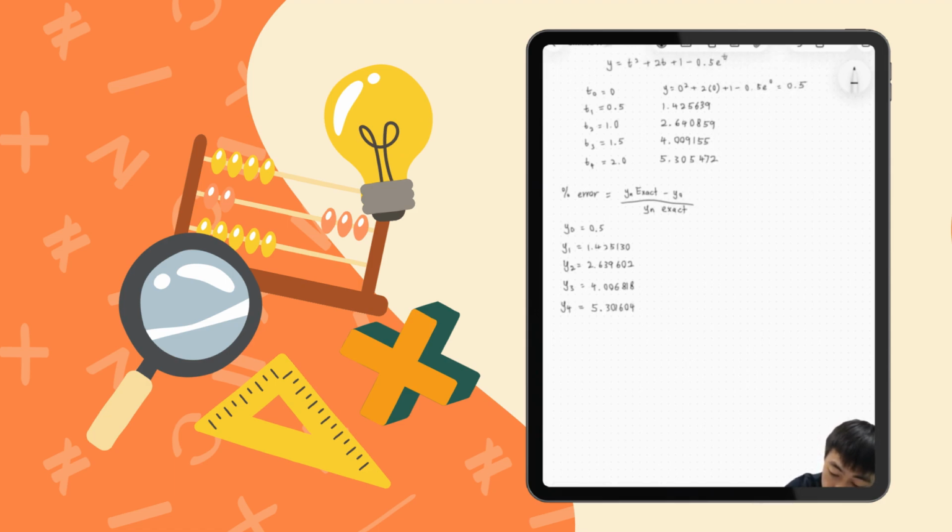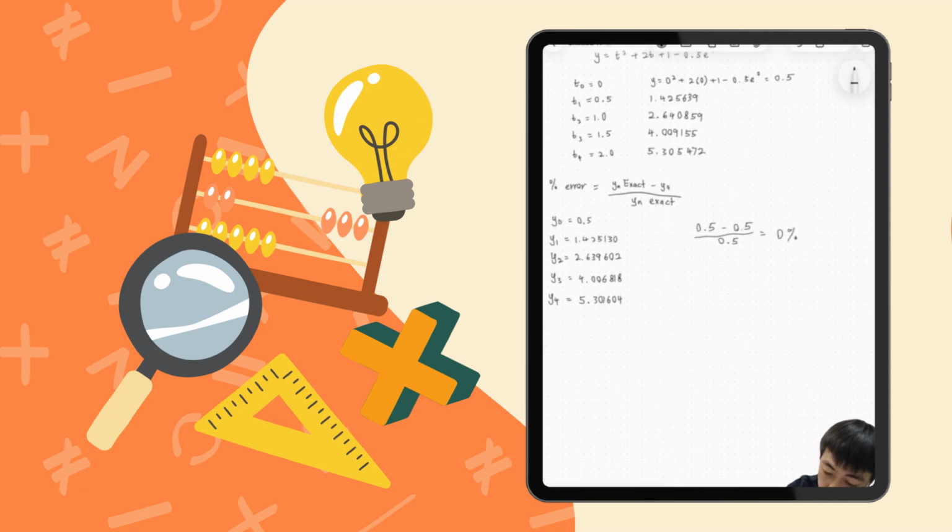For the first one, it is 0.5 minus 0.5 over 0.5, so we get 0%.